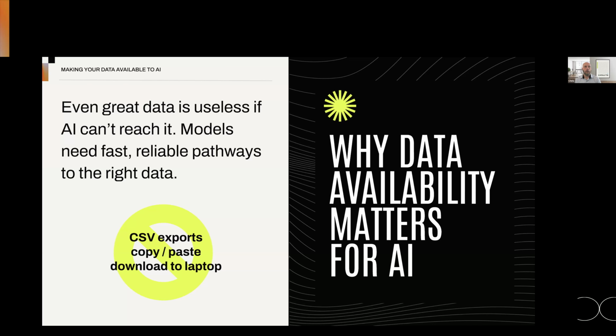And so if you want to get, of course, business value out of your AI investment, it has to operate on your data. And it needs to be fast, it needs to be reliable, and it needs to be in a delivery format that is easily accessible to AI systems.